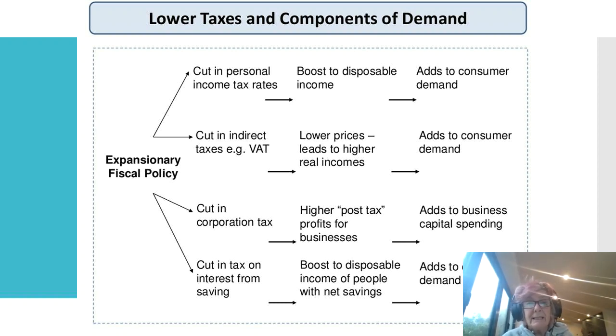With corporation tax, if we cut corporation tax, that means that businesses have higher profits after tax, and that's likely to add to their investment spending. And also, if there's a cut in tax on interest from saving, that will also boost disposable income and add to consumer demand. So fiscal policy is a strong and often used tool by governments.